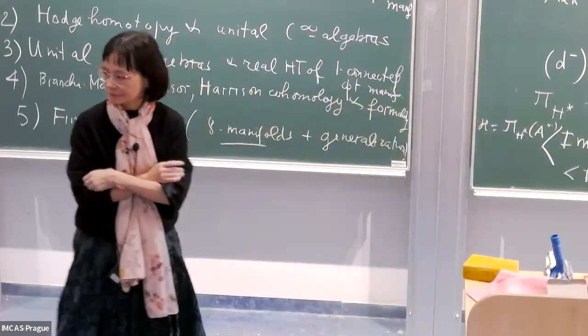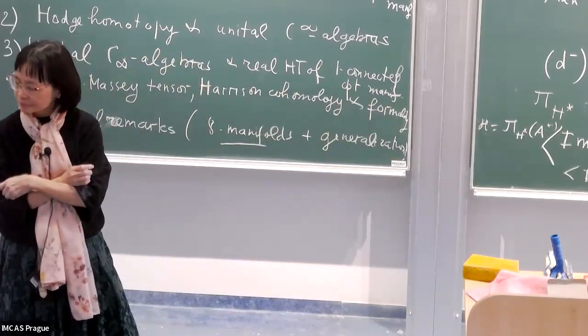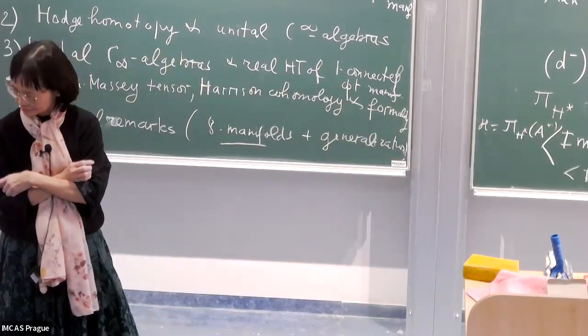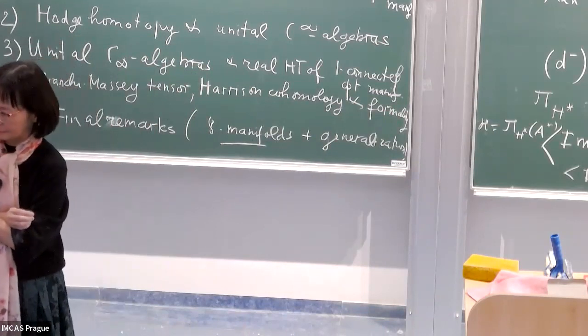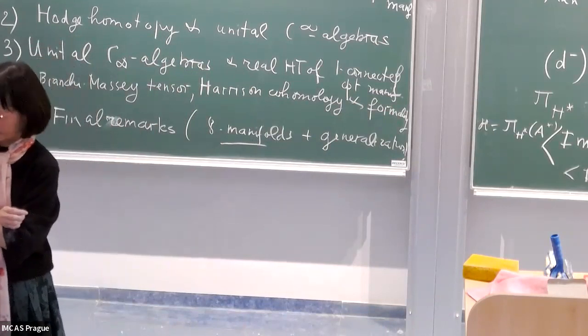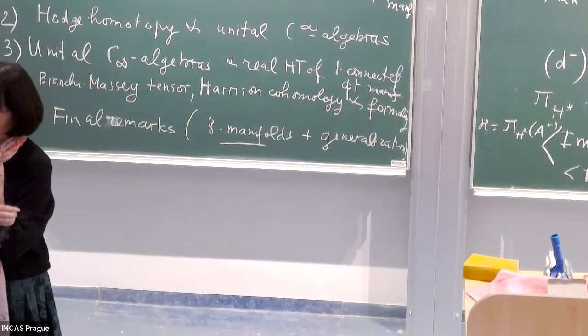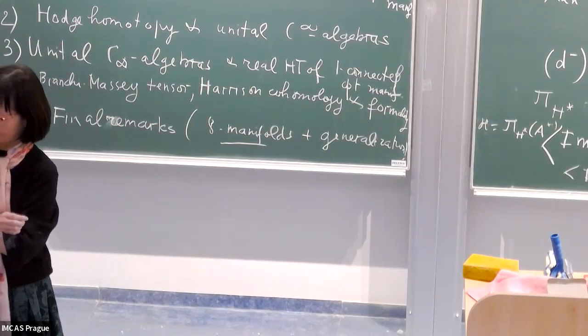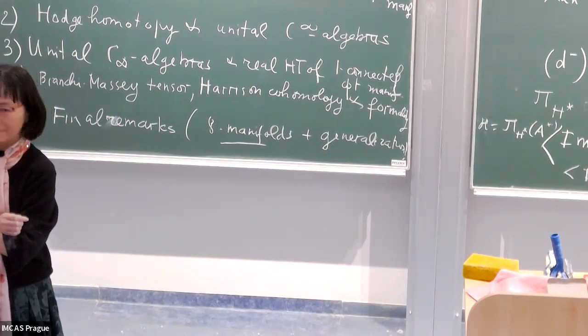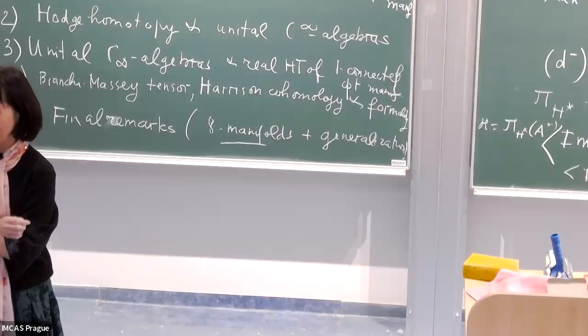If I understand correctly, the main tool that you're using in these results is this Hodge homotopy, and you showed that you can construct it for compact manifolds. But I'm thinking for non-compact manifolds, could you first do a homotopy reduction to some compact space, and then study the model of that compact space?